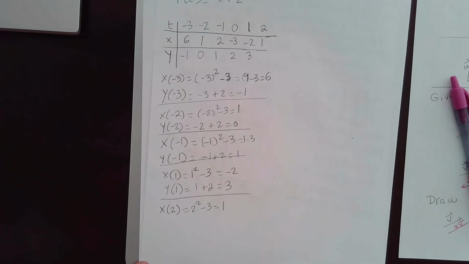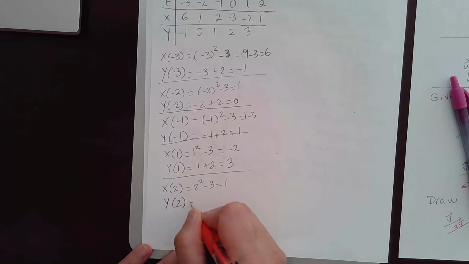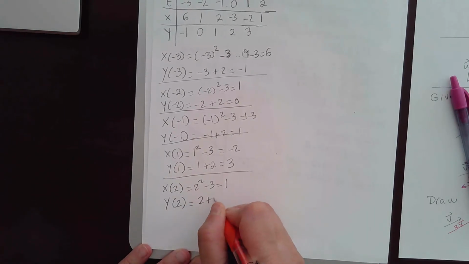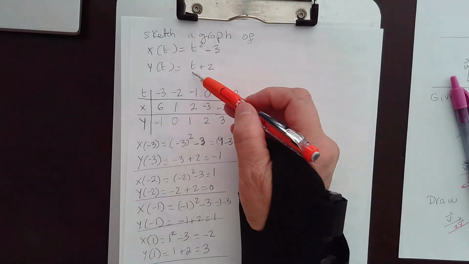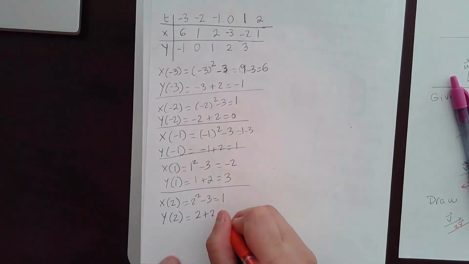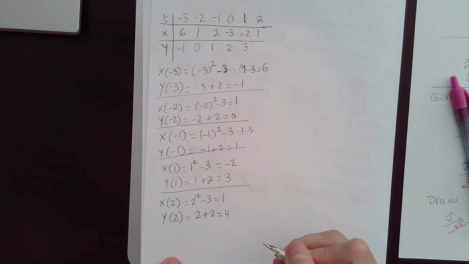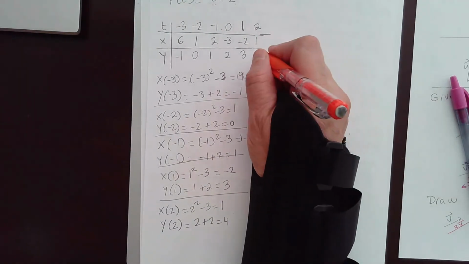Okay? Now let's do y. Remember, y is t plus 2, right? So I replace t with 2. So 2 plus 2 is what? 4. So when t is 2, y is 4.